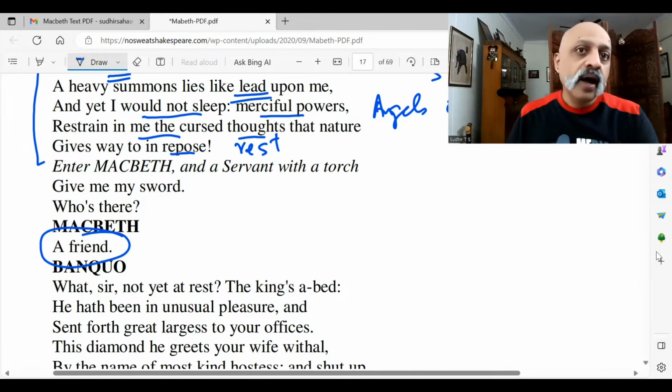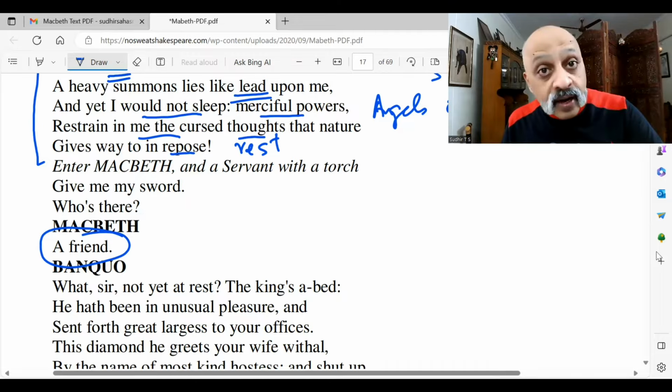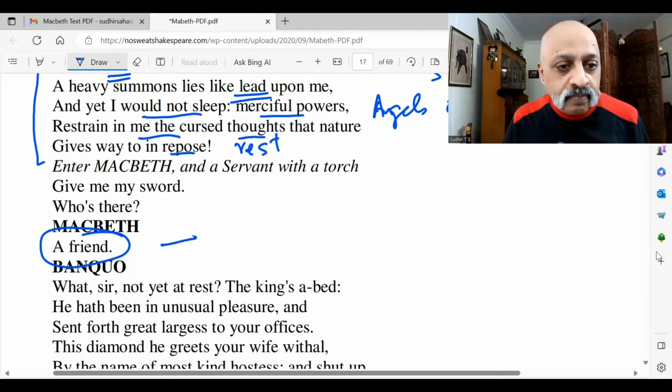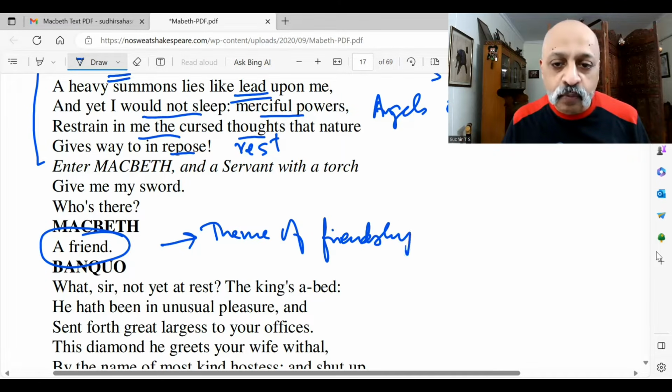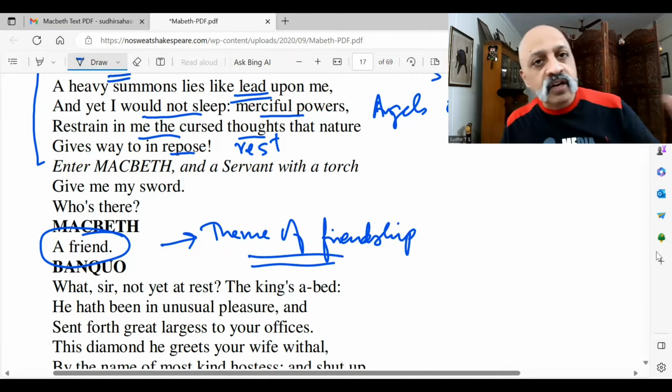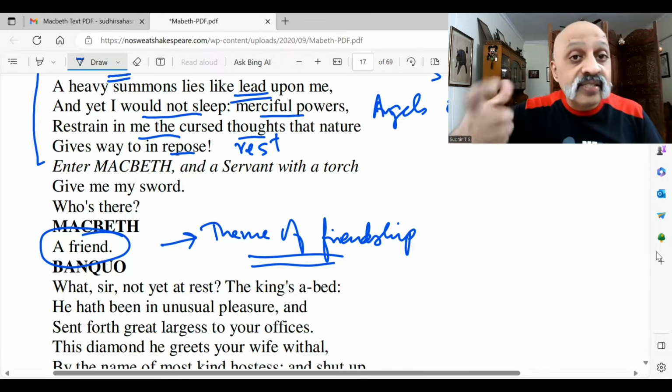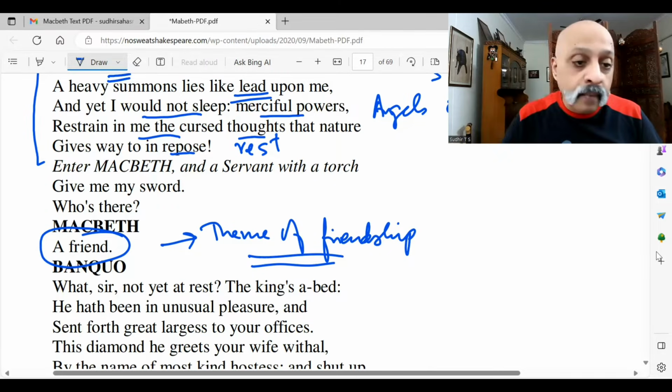He doesn't say Macbeth. अगर आपसे कोई पूछे कि कौन आ रहा है, आप अपना नाम बताएंगे, लेकिन आप ये नहीं करेंगे कि मैं दोस्त आ रहा हूं या दुश्मन आ रहा हूं. तो ये काफी, और ये एक तरह से पॉइंटर है टू द थीम ऑफ फ्रेंडशिप, जिसके बारे में हम पहले साल से ज्यादा दूसरे साल में ज्यादा पॉइंट आउट करेंगे, because the relationship between Macbeth and Banco completely falls apart. So the theme of friendship is extremely important, क्योंकि कौन दोस्त है और कौन दुश्मन है, ये इस पूरे नाटक का काफी अहम पहलू है.